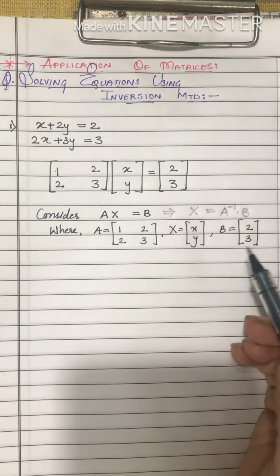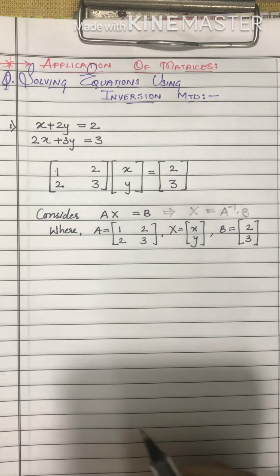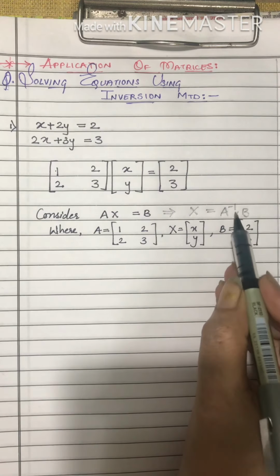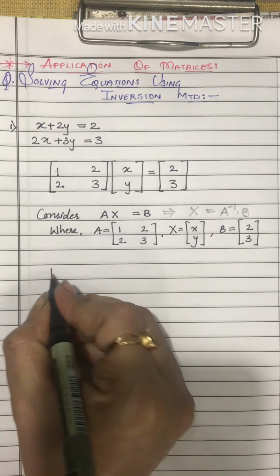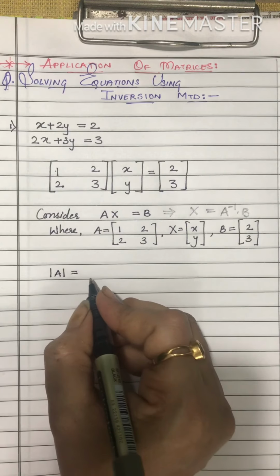Now we have already seen how to find the inverse of a given matrix in previous videos. You can check out from the links which I will be giving in the description section below. For now I am continuing with how to find A inverse. Very first, you need to find out the determinant value of the matrix given.